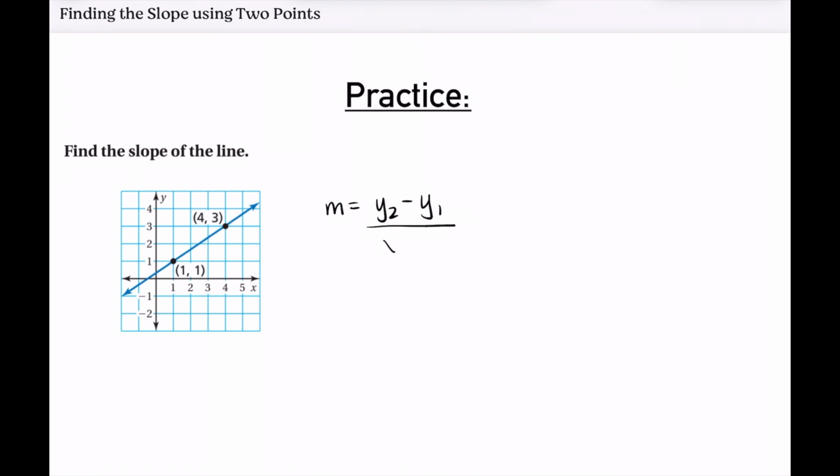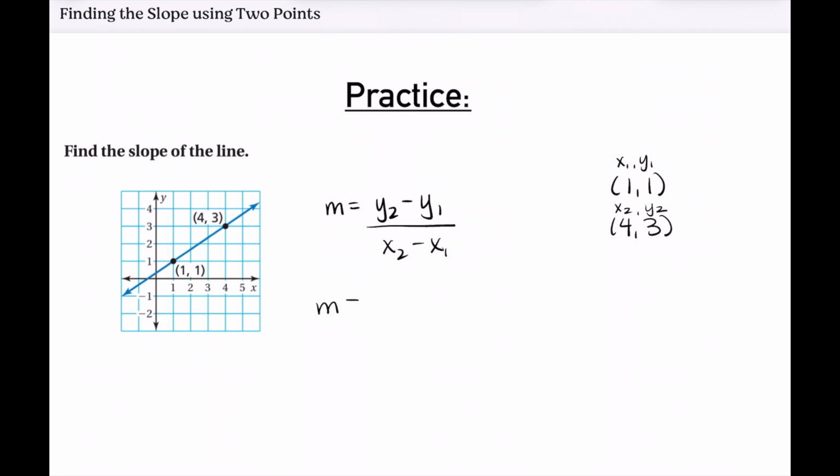For the first one here, our directions just say to find the slope of a line. We have 2 points here. We have 1, 1 and 4, 3. We know that our equation for slope is y2 minus y1 over x2 minus x1. If I go ahead here and label all my coordinates, the 1, 1 would be my x1, y1, and the 4, 3 is my x2, y2.